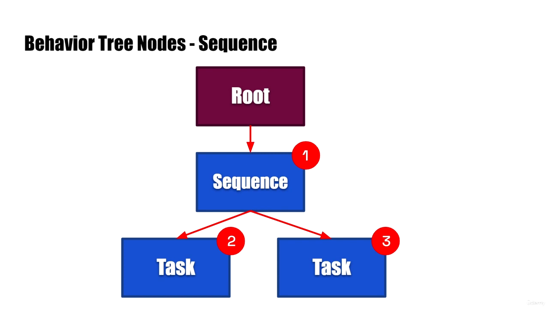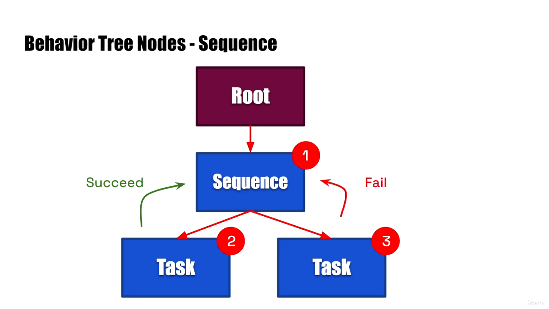Now, let's say this first task node succeeds. Well, the sequence node executes its child nodes from left to right until it finds a failure or all of them succeed. So since the first task succeeded, the sequence then moves on to the next child node and sees if that child node will succeed or fail.